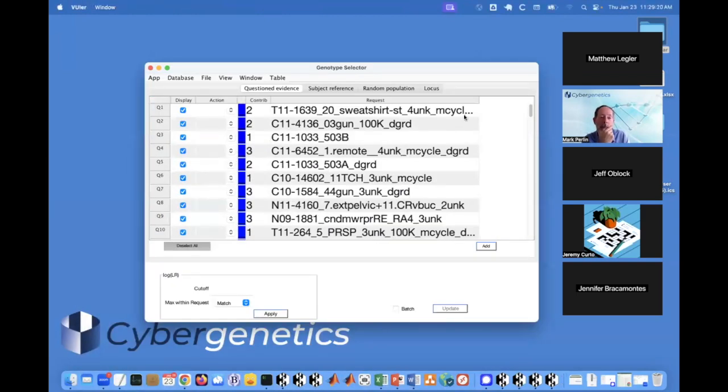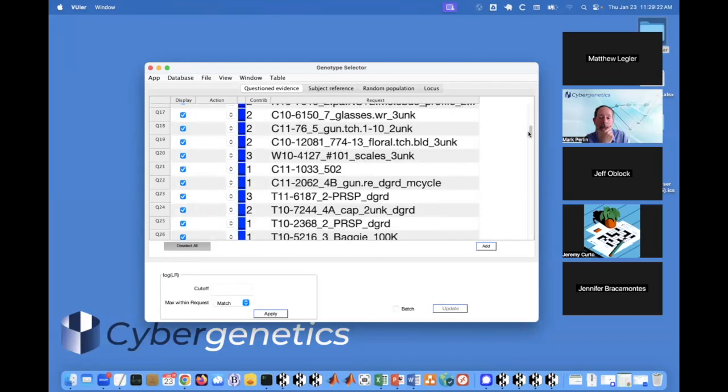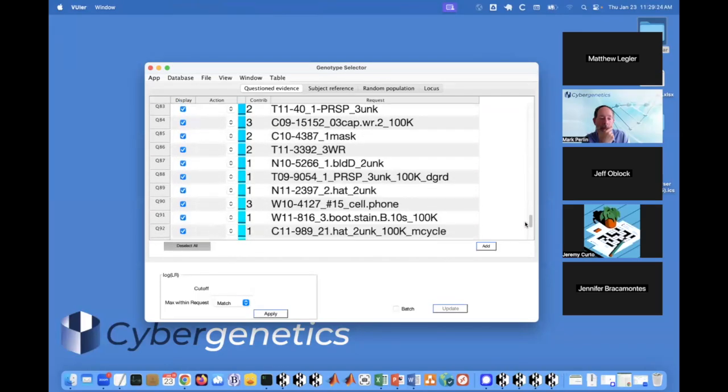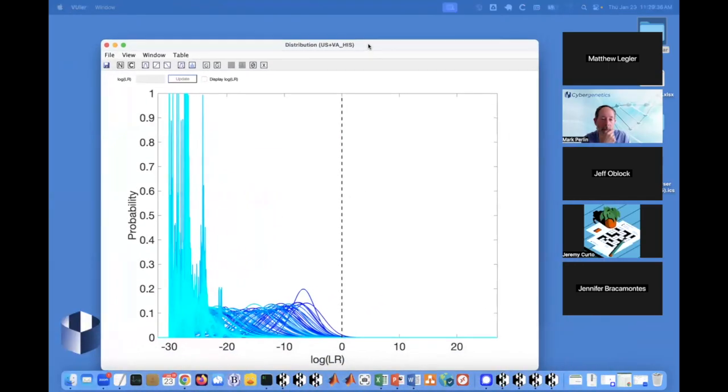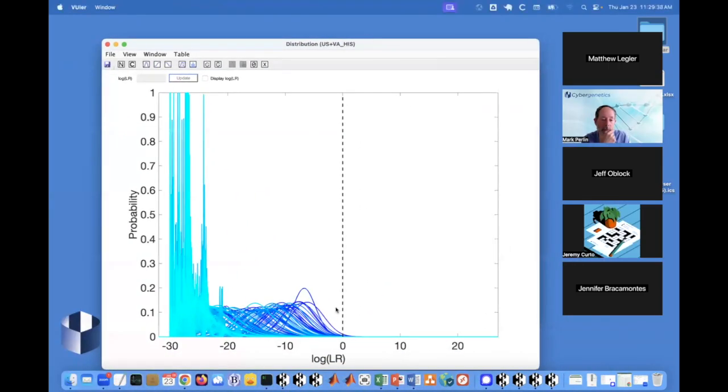What I did to generate this is these are all the genotypes from the Virginia validation. Loading all that in and then doing the likelihood ratio calculations took about 22, 23 seconds. And then to generate the distributions for every single one of those took about another 15 seconds.